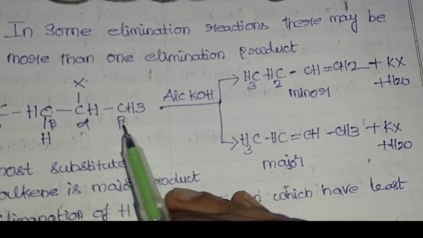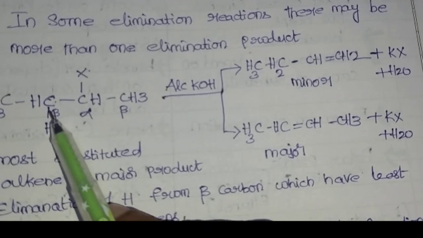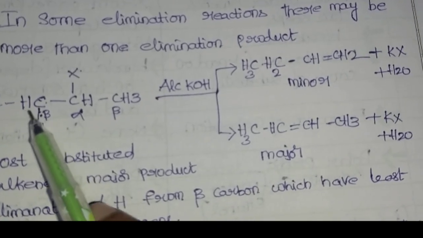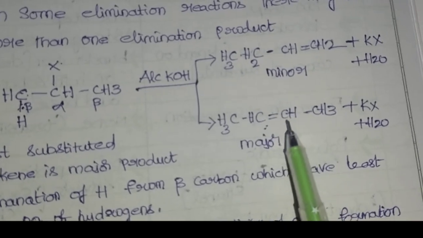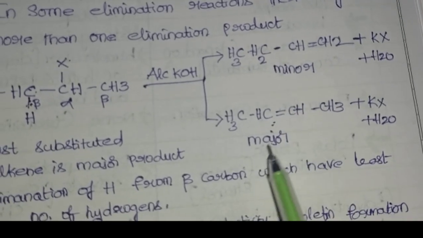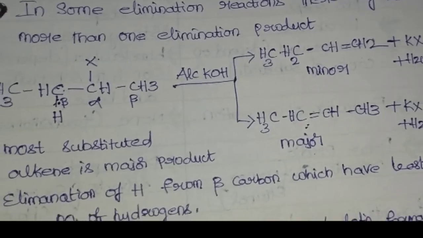And one more product we can see from this other beta carbon. The hydrogen or proton is removed to get a double bond here, and as usual the halide is removed, and this is the major product.